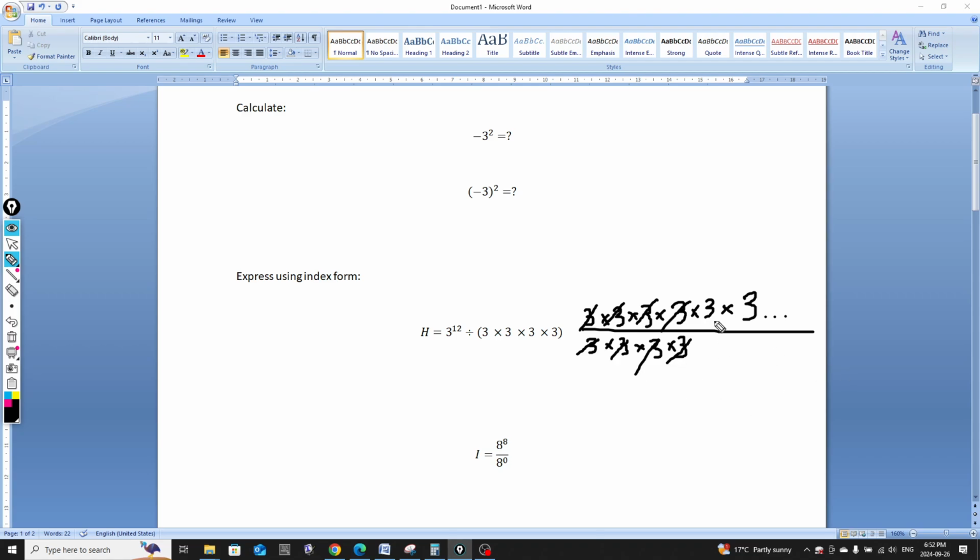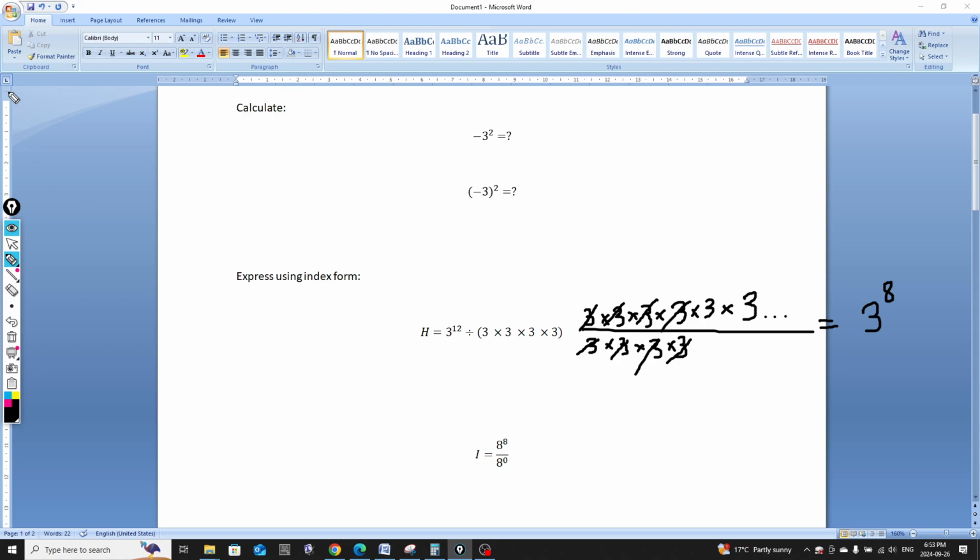How many 3's do you have up here? Well, we used to have 12 of them. We canceled out 4, so my answer is going to be 3 to the power of 8. That's literally your final answer. We canceled out 4 of the 3's up here with these 4 3's down here.